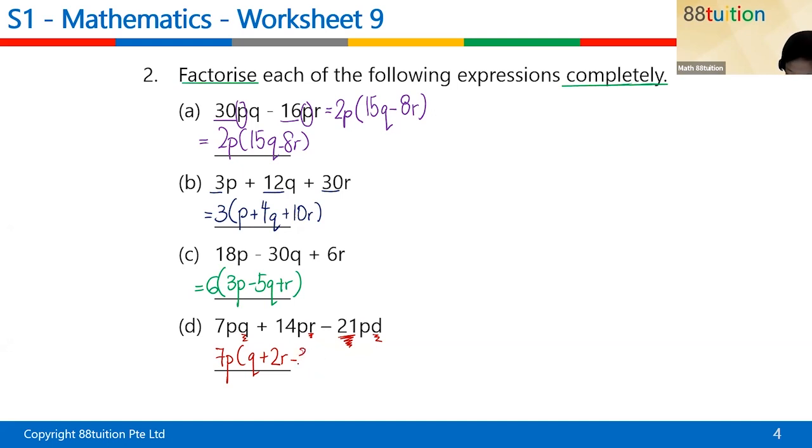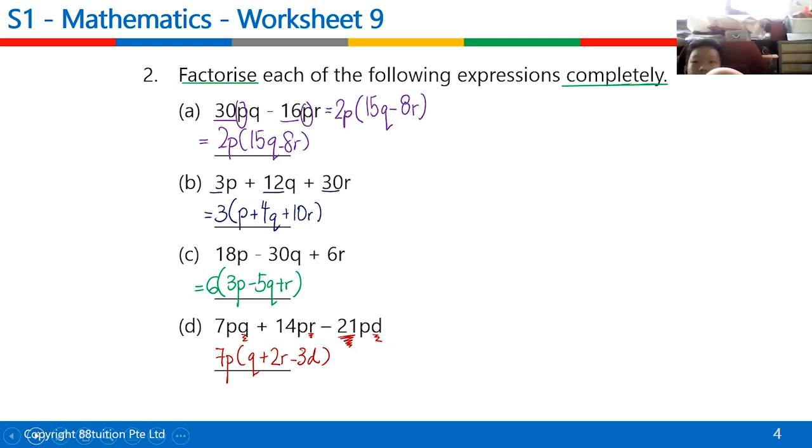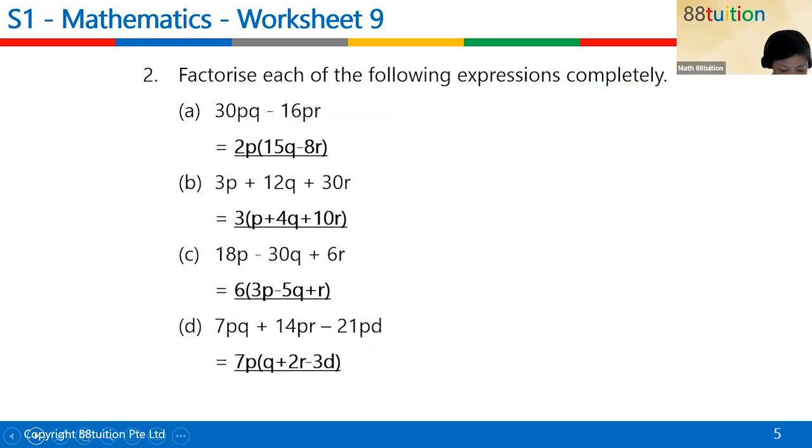Clever. So I must have a 3D, and that gives you the simplest form. It cannot be factorized anymore. Okay, Kaden, so far so good? Give me a thumbs up. Okay, I'm going to the next question.